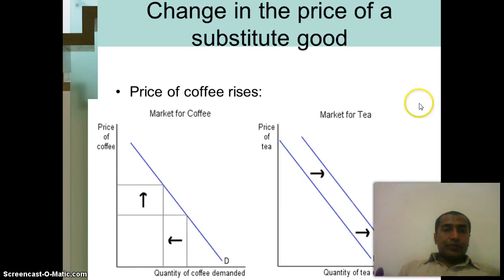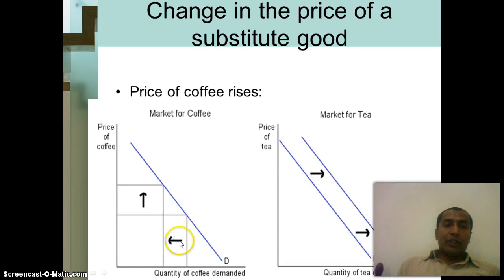Look here. Initially, we are at this equilibrium point. If the price of coffee increases, this upward arrow indicates the increase in price of coffee. On the y-axis we have the price of coffee. What will happen to quantity demanded of coffee? It will go to the left side, which means it will decrease.